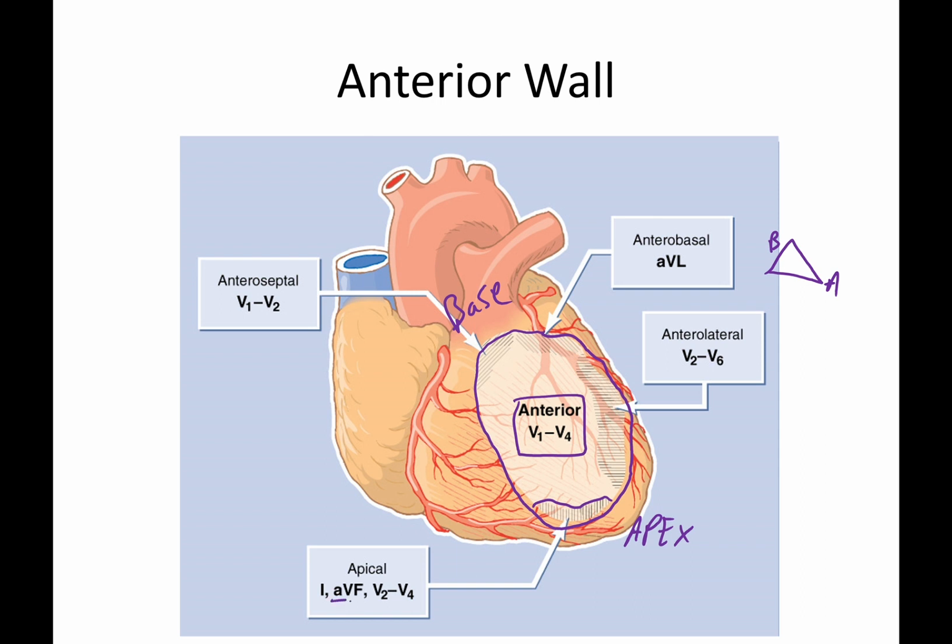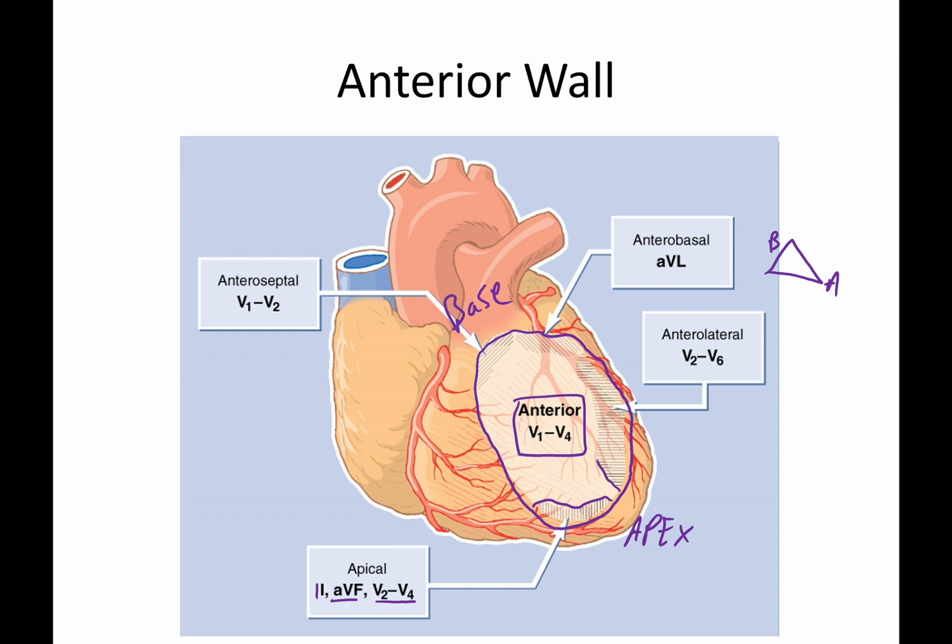Well, your AVF, this should be the 2 lead, and then your V2 through V4 do a really good job. So if you have trouble in this specific zone, or if you see a problem in these leads, it's more likely an apical infarct or something along that line.